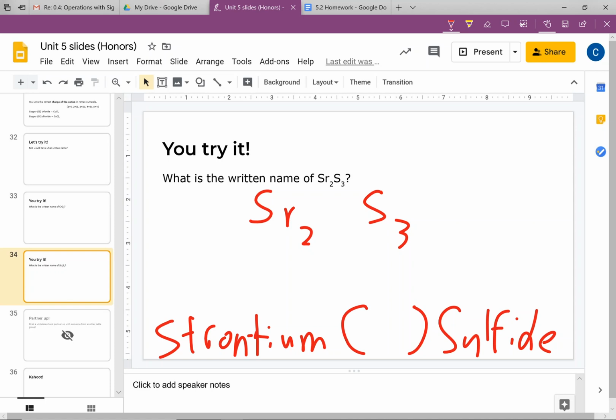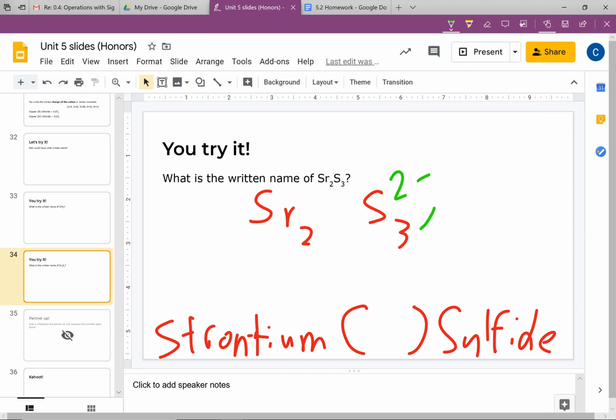Do we know the charge on strontium? No, it's a transition metal. Do we know the charge on sulfide ions? Yes, we do. What's the charge on a single sulfide ion? Uh-oh, I meant to change colors there. Come on, program. All right, 2 minus, right?